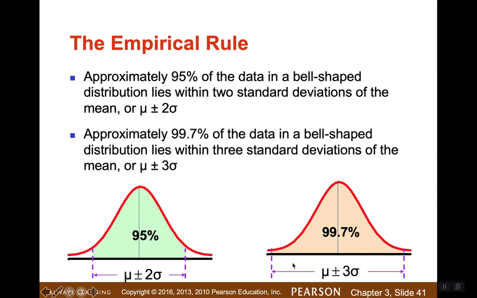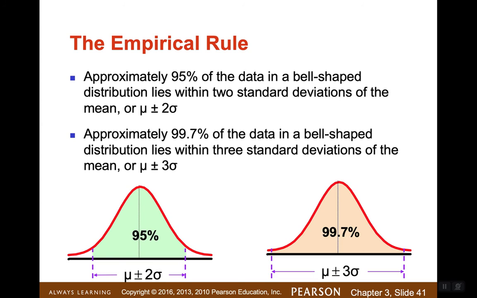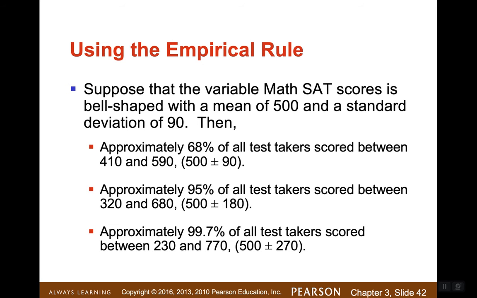And we can back this up statistically, or mathematically. We call this the empirical rule. It's a rule of thumb, but it's a very useful rule of thumb to get an idea of what data looks like.